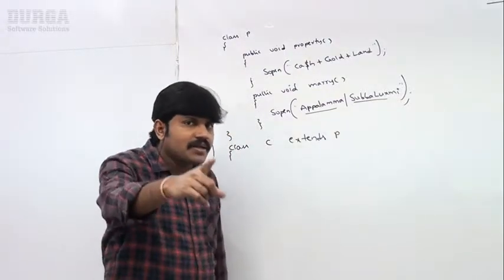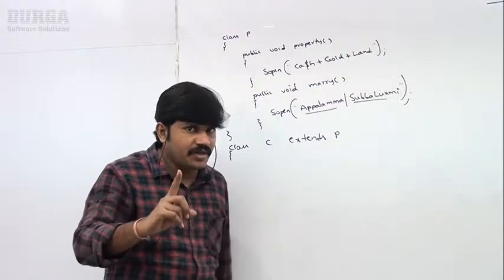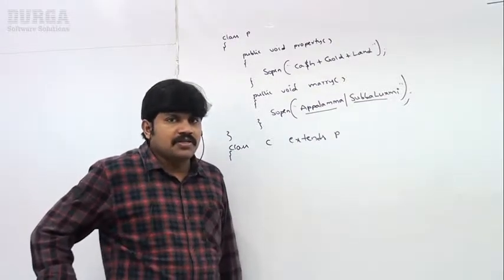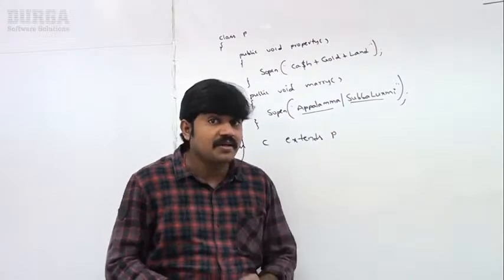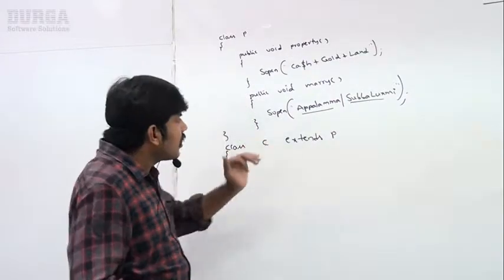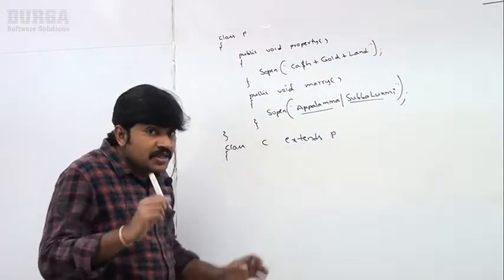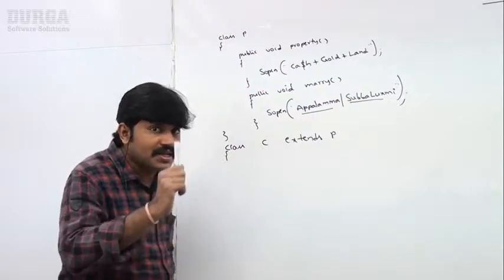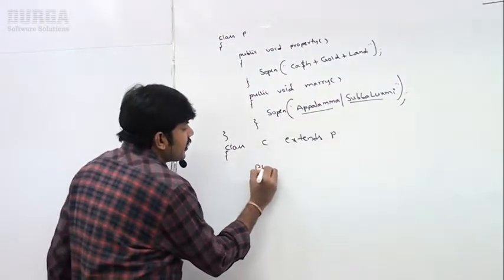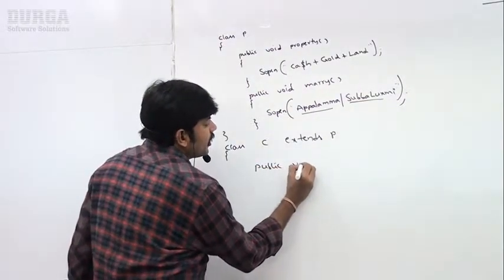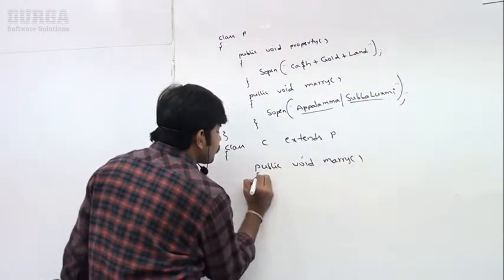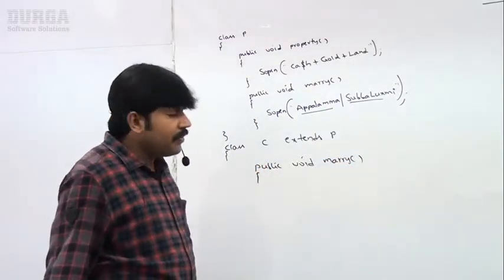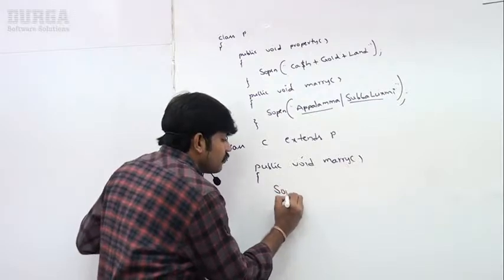If the child class is not satisfied with the parent method implementation, then the child is allowed to redefine that method based on its requirement. Are you getting it? This process is called overriding. Now this child class wants to provide its own implementation of the marry method, public void marry, with System.out.println.